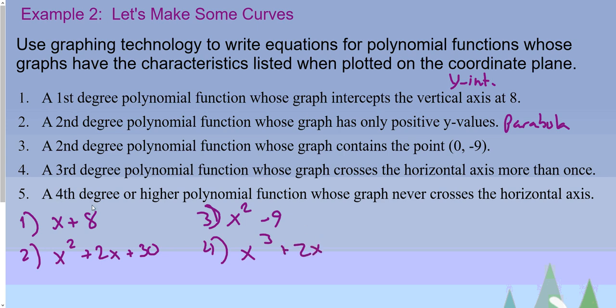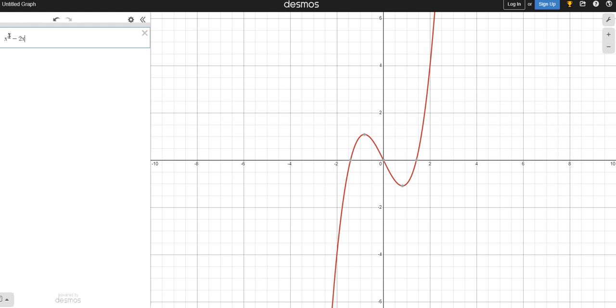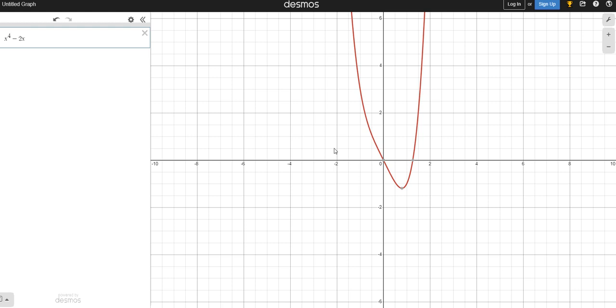A fourth degree or higher polynomial function whose graph never crosses the horizontal axis. Okay, so let's try that. x to the fourth. We tried x to the fourth minus 2x. Ooh, what an odd-shaped graph.